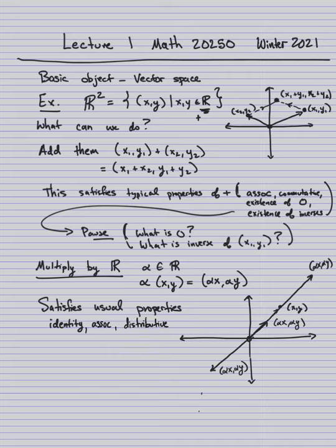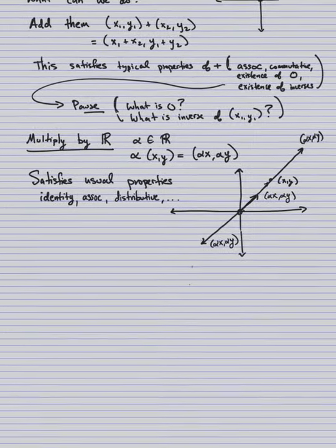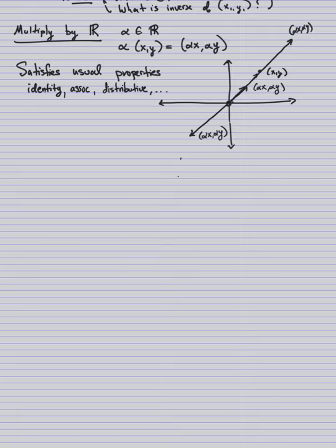So when I take two coordinate pairs and add them together and then multiply by alpha, it's the same as multiplying each of them by alpha and then adding them together. Anything that you might expect from multiplication in R is going to be satisfied by this procedure.